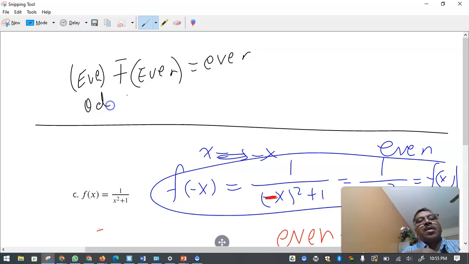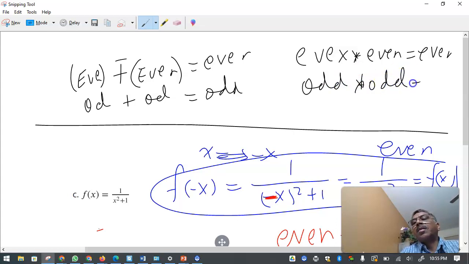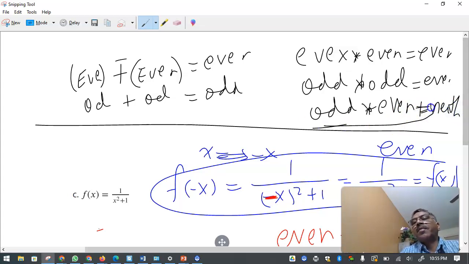Or odd plus odd will give you odd. But even multiplied by even will give you even. Odd multiplied by odd will give you even. But odd multiplied by even will not give you either, so this will be neither. So you need to be very careful there.